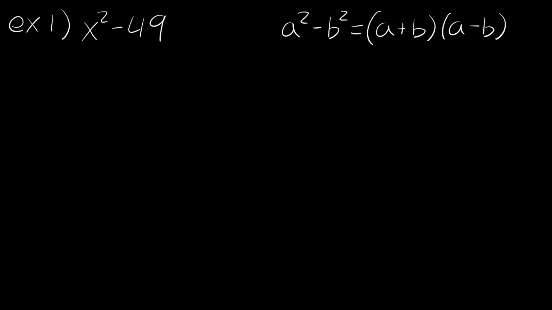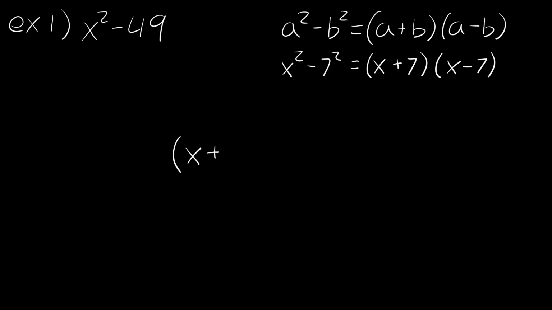So x squared minus 49, which will be 7 squared, equals x plus 7 and x minus 7. So x plus 7 times x minus 7 is your answer.